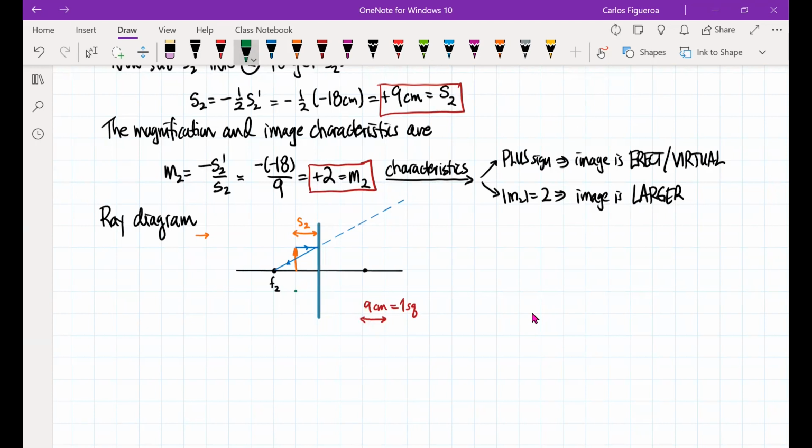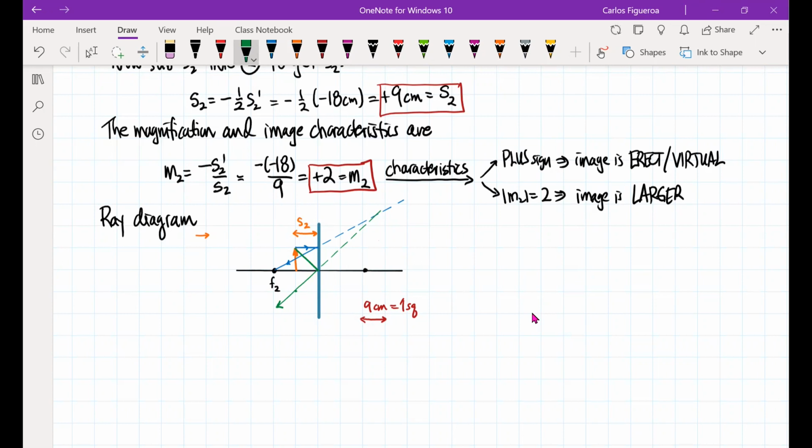So this ray goes to the middle of the mirror, and then it reflects using the law of reflection, so it has to have the exact same angle. Then I follow it back. And so you can see here's my ray number 2.